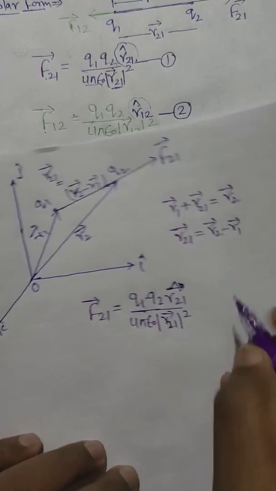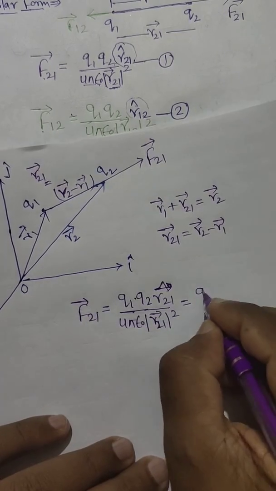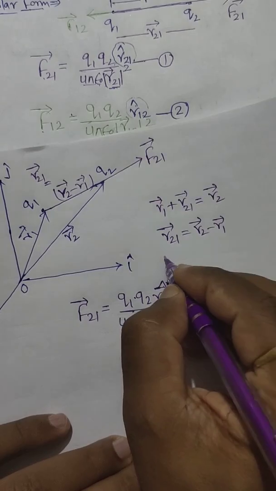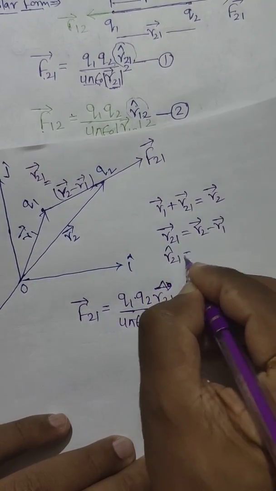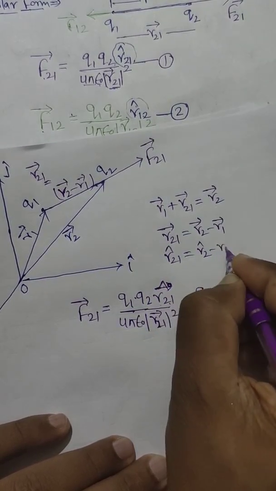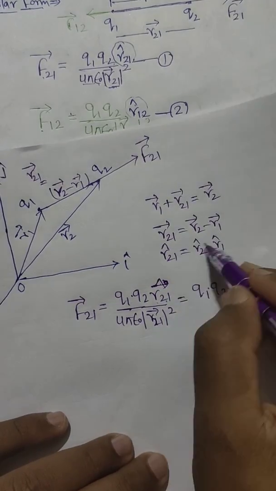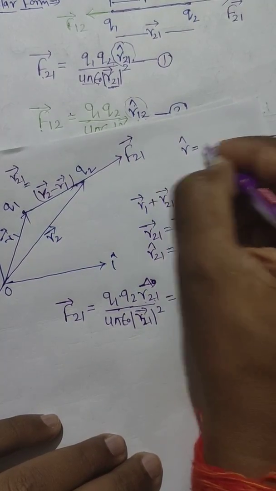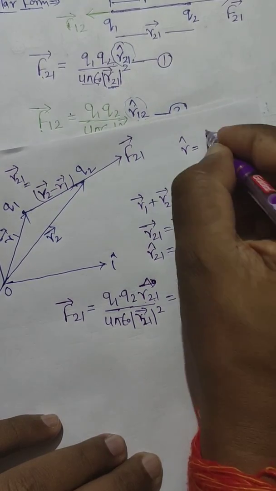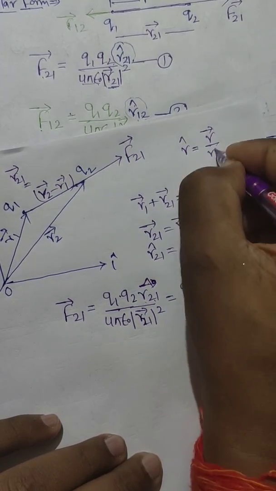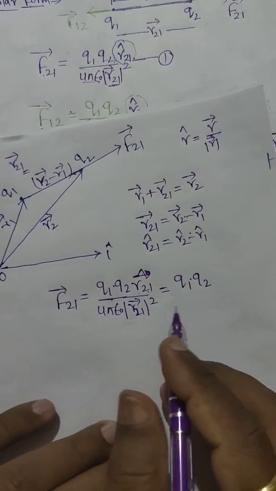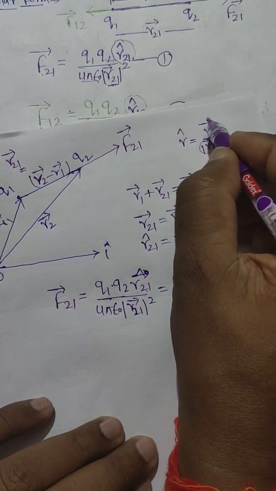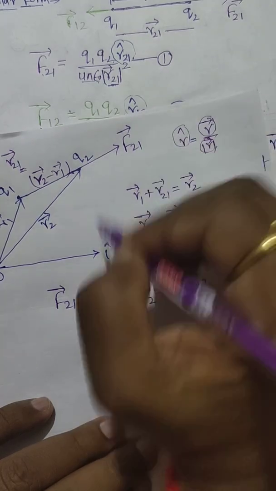square. This is also Q1 Q2 R21 cap. Similarly, this can be written as R21 cap equals R2 cap minus R1 cap. This is the unit vector and this is the vector. Unit vector R cap is represented by R vector upon mode of R. So this is the magnitude, there is no direction, and the direction is equal to this.